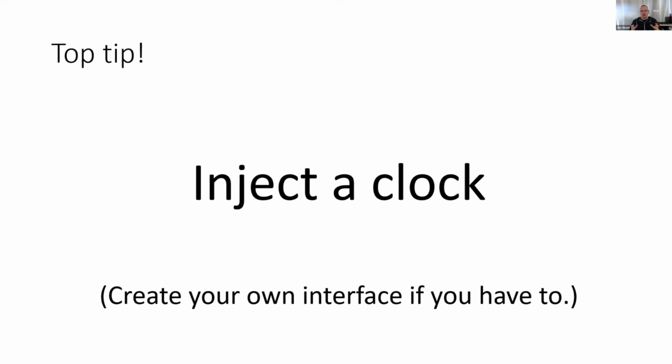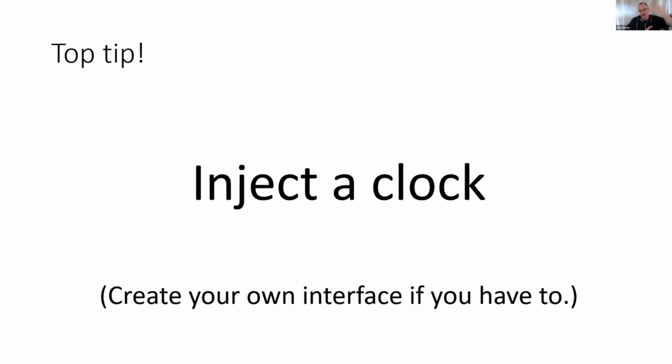So inject a clock. If you're working on a system that doesn't have one, it's really, really, really easy to do. You can create your own interface that has get me the current instant in time, in whatever name would make most sense for the platform that you're using. So if your platform doesn't have instant as a concept, but does have timestamp, then get current timestamp would be a fine method or function name.